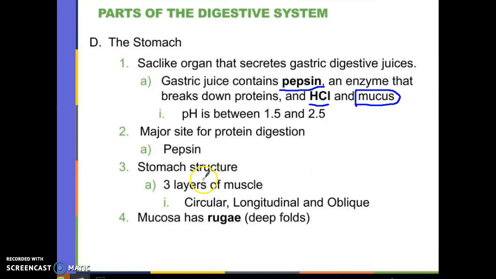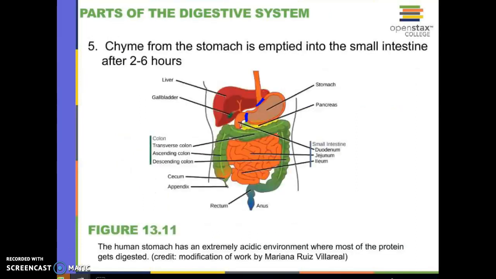So there are 3 layers of muscle in the stomach. We have circular, longitudinal, and oblique. And there are actually deep folds in the mucosa, we call them rugae, or deep folds. The chyme, we said this is that cookie dough consistency.